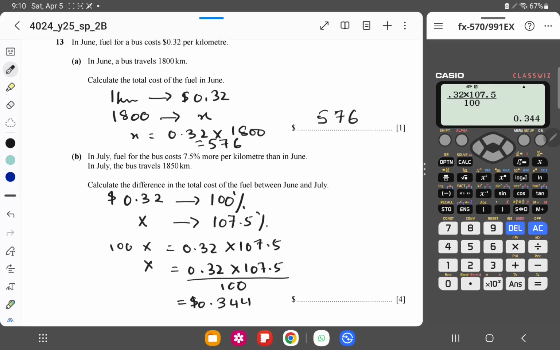All right. So it traveled 1850 kilometers.